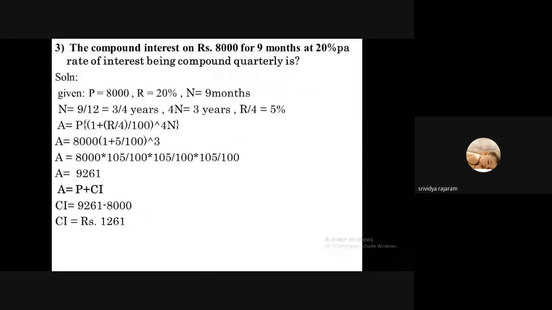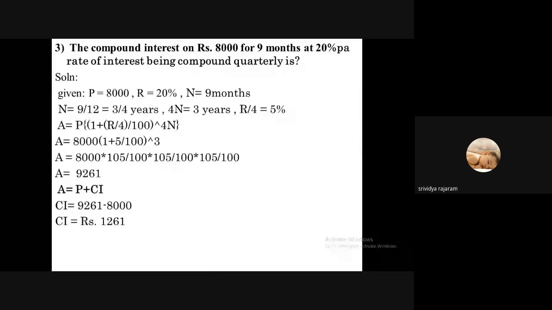The compound interest on rupees 8,000 for 9 months at 20% per annum rate of interest being compounded quarterly is. So in this problem, they are asking us to find the compound interest calculated quarterly. So what is the formula? We have to multiply n by 4, and we have to divide R by 4. Because here the 20% rate of interest is per annum, for 1 year.